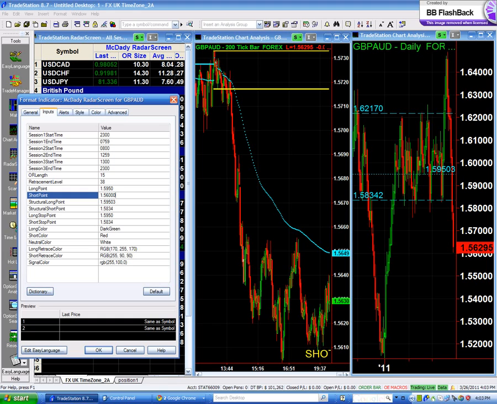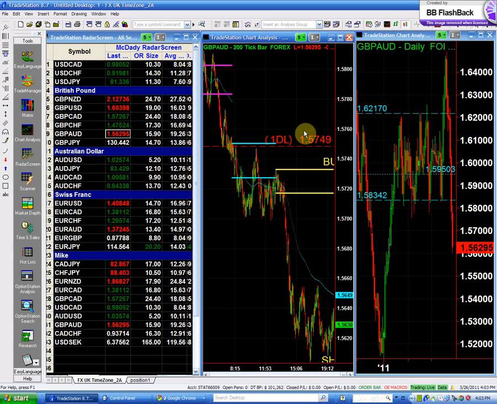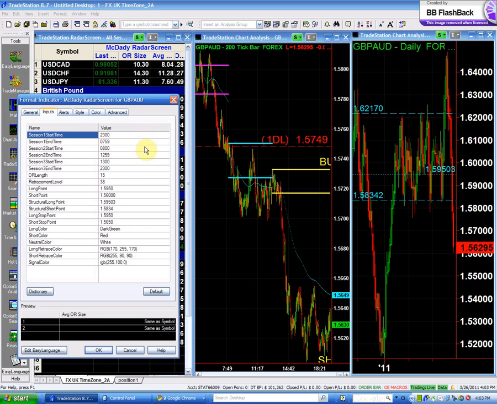So we're going to put our selling point below the 156, and I'm going to place my stop above the 156.50. I'm going to buy it above the 157, that's my buy signal. That's my buying point, and if I do, I'm going to place my stop below the 157.